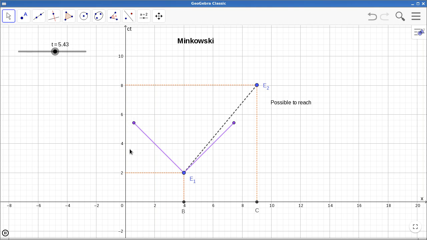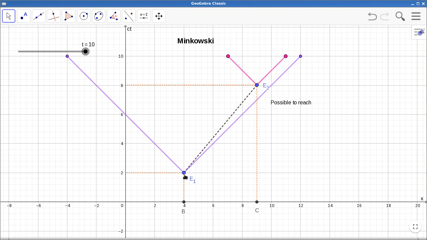Right, you can see this purple line is the light signal sent from event E1. Now you can see that the light signal reached the location of event E2 well before time. This is the time at which the light signal reached event E2, somewhere around 7. So the light signal reached E2 before, meaning she got the birthday message before the birthday, so mom will be happy.